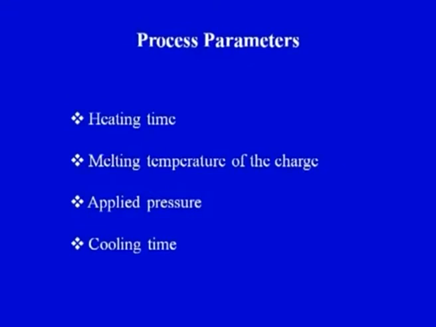Second is the melting temperature of the charge. That is one of the important points which always has to be kept in mind, that is the properties of the raw material. Now there may be some raw materials which may not render themselves suitable to be transfer molded. So we must always keep in mind the melting temperature of the polymer that we are going to use as a raw material for making a product by the transfer molding process.